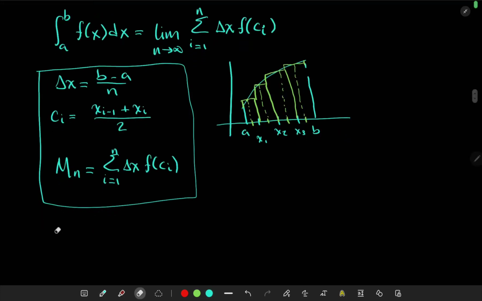I believe I should also mention one thing here. Remember that xi was going to be equal to x naught plus i delta x.